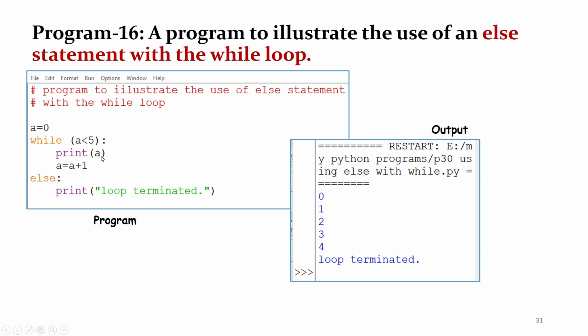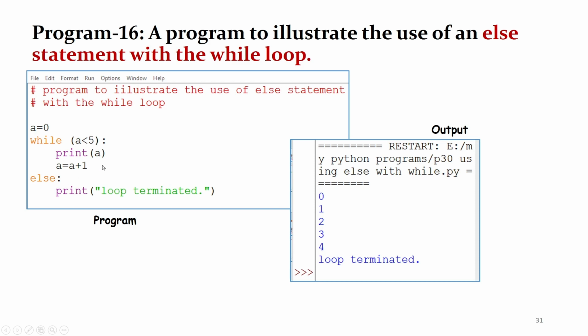Then I will print the value of a, which will be 1. Now again the value of a is incremented by 1. Now it became 2. Again it is checked, is 2 less than 5? Yes. Then I have printed a, that means 2 is printed, and then 3 and then 4.